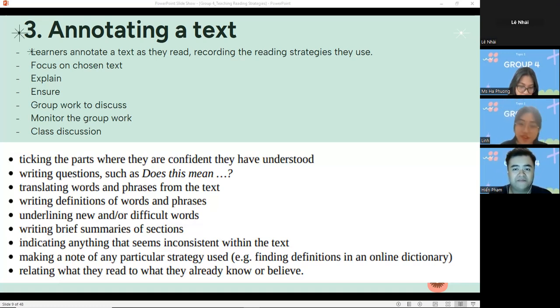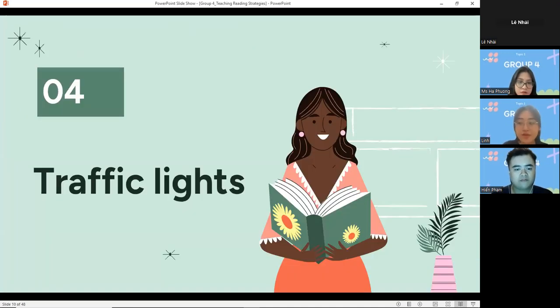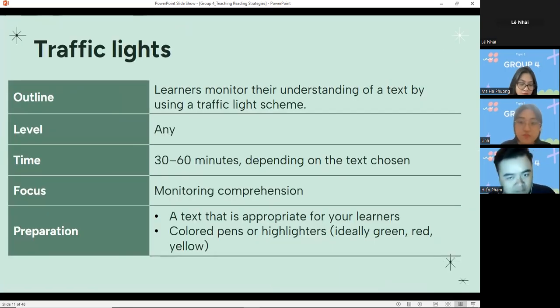Thank you. Following his part, today I want to share with you the next 3 teaching reading strategies, with the fourth one being traffic lights. Overall, this strategy aims to monitor the learner's understanding of a text by using a traffic light scheme, and it can be applied to any level of learners with a time limit of about 30 or 60 minutes, depending on the text that the teachers choose.